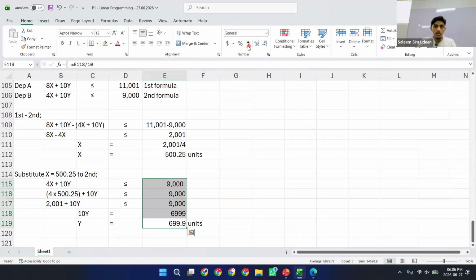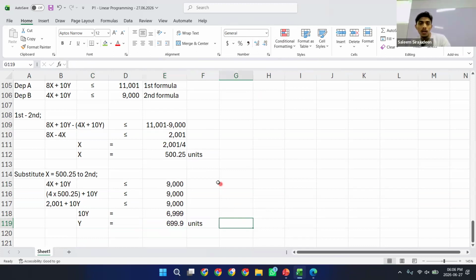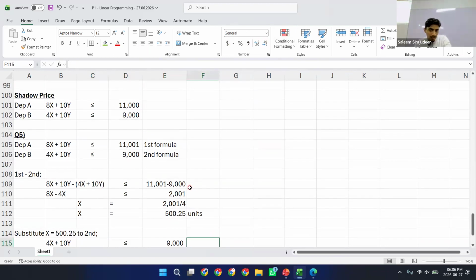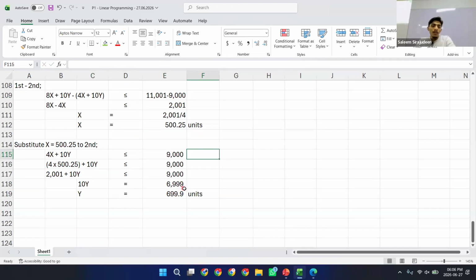Got it? So we'll keep it as 699.9 units. So if you get one extra hour of Department A, you will have x as 500.25 units and y as 699.9 units.